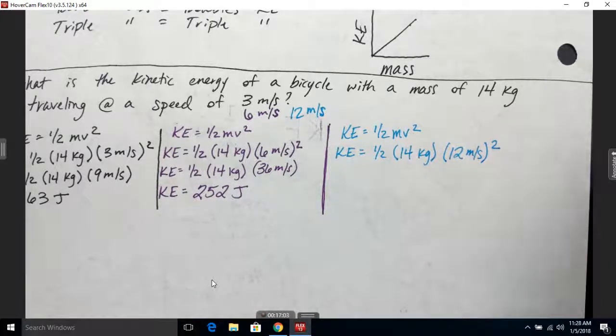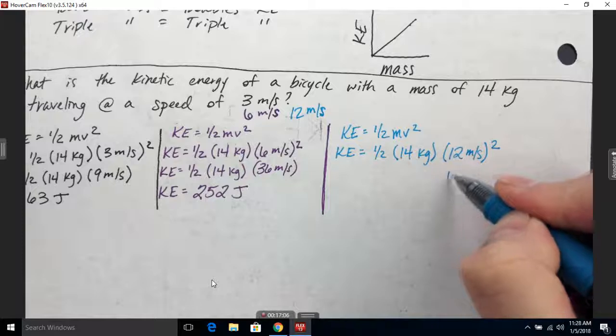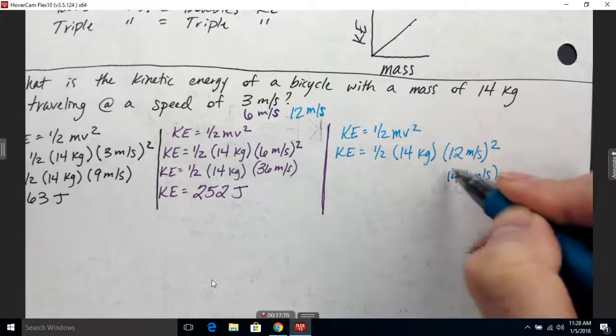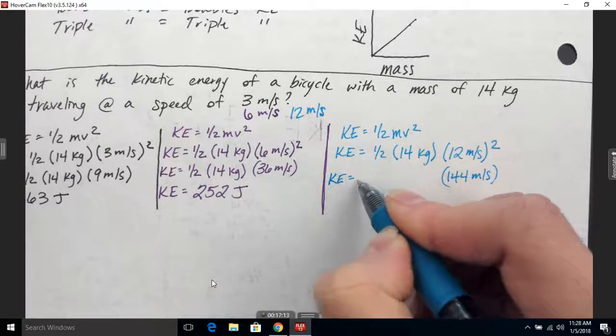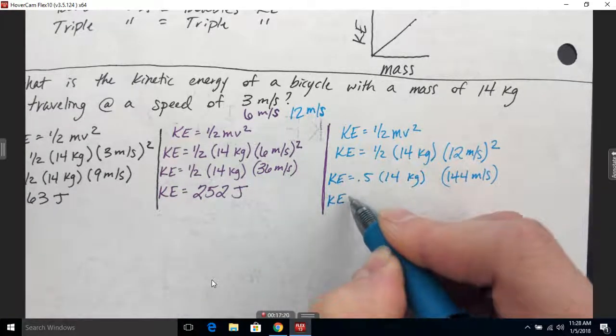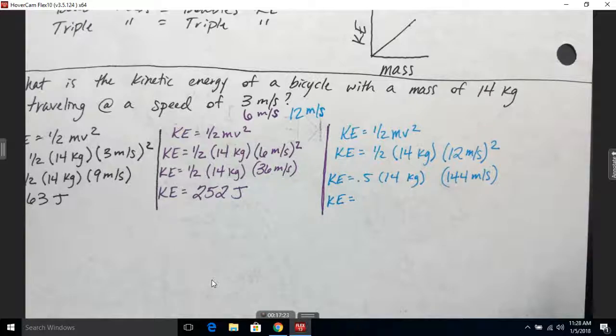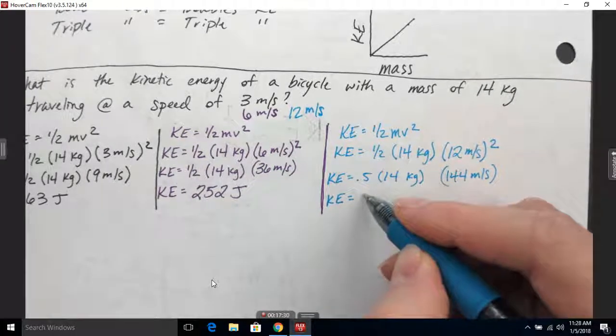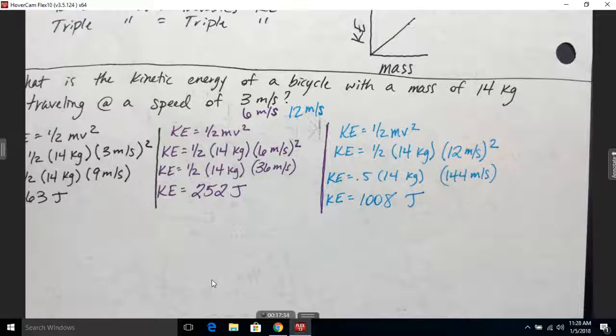So what's 12 times 12? 0.5 times 14 times 144. What would the next amount be? 4,032.